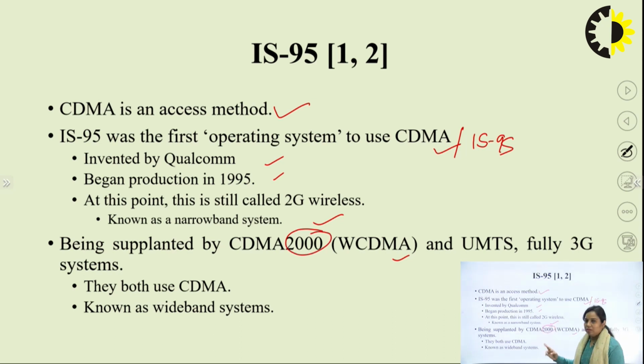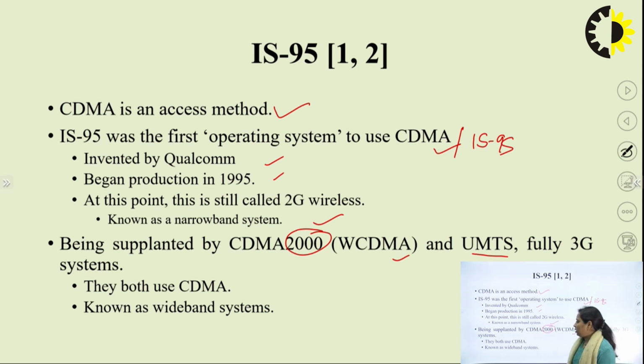Why? Because it was invented in the year 2000 and it has a higher frequency band, and the number of users associated with this is quite large. It will cover a larger area. So, that is why it is known as WCDMA, and IS-95 is supplanted by UMTS also.